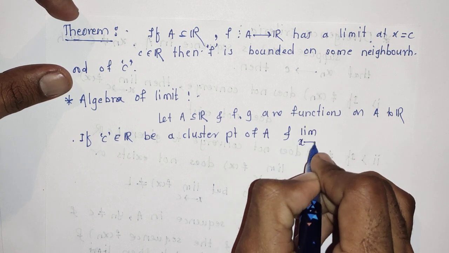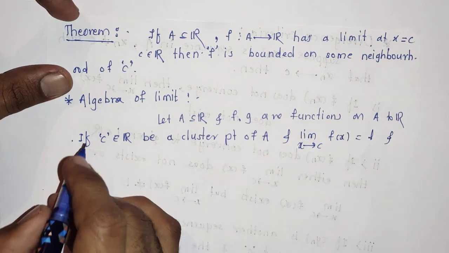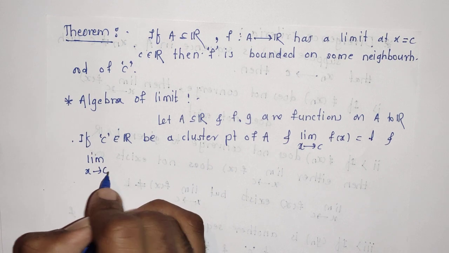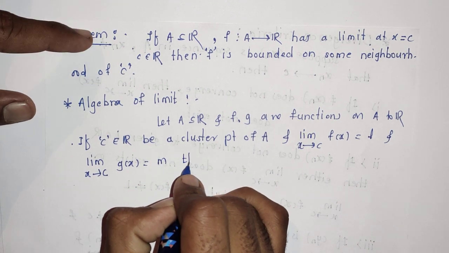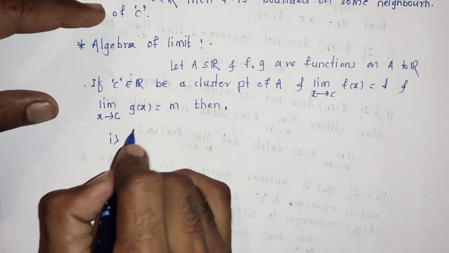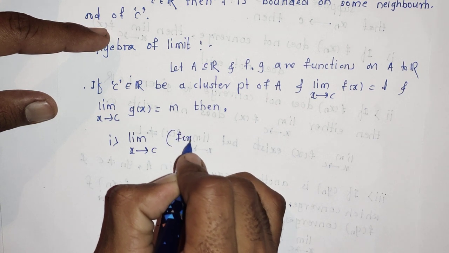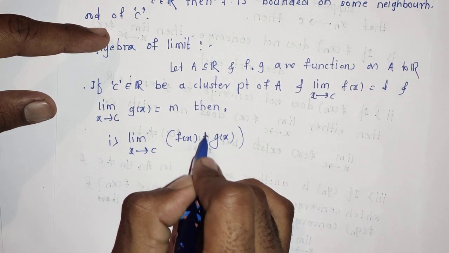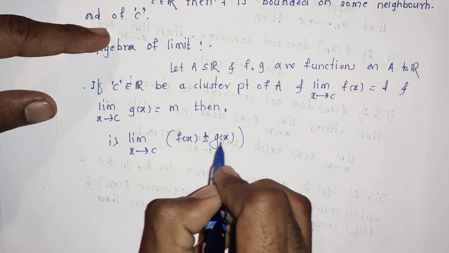the limit as x tends to c of f of x, that is the limit of f, is L, and the limit as x tends to c of g of x is m, then the first statement is: the limit as x tends to c of f of x plus or minus g of x equals the limit of f of x plus or minus the limit of g of x.